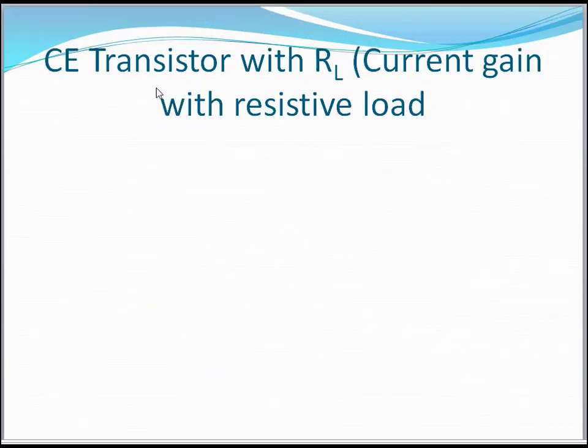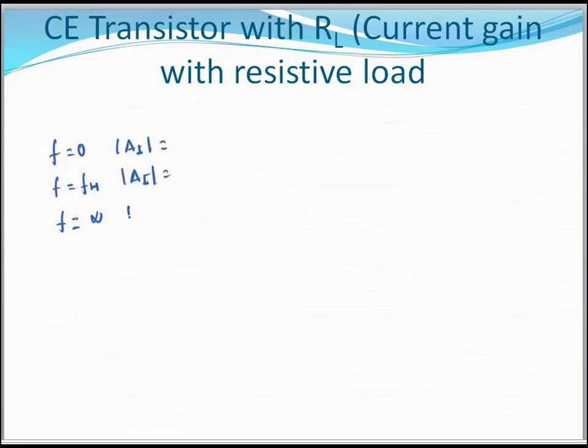So we can write here f is equal to 0, then AI is equal to; f is equal to fh, then AI is equal to; and f is equal to infinity, then AI.